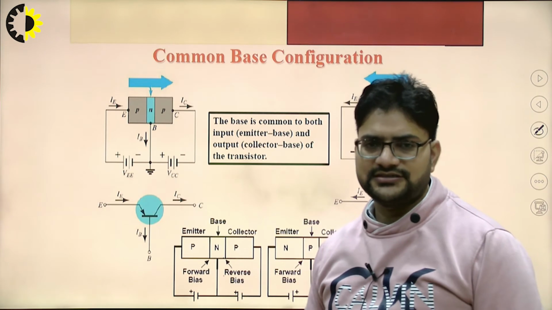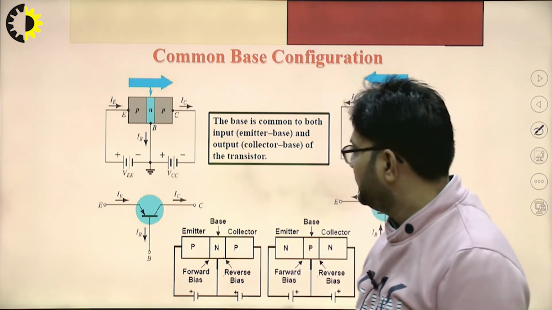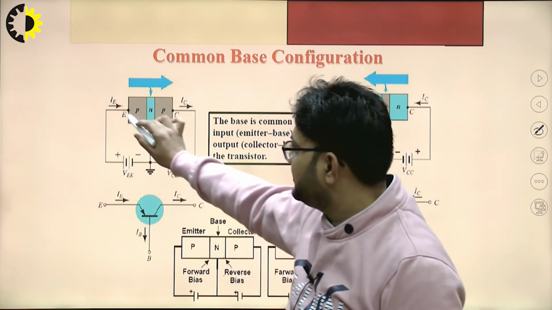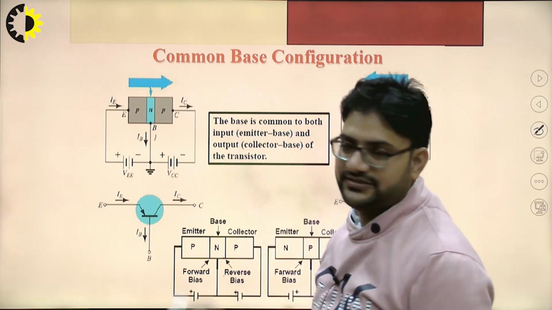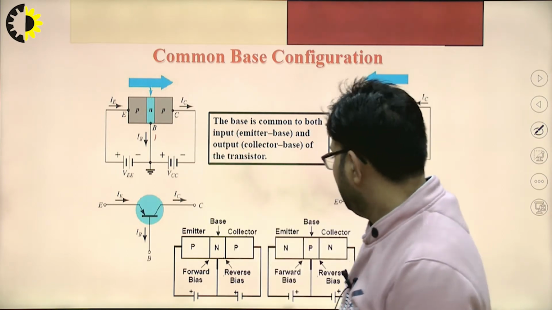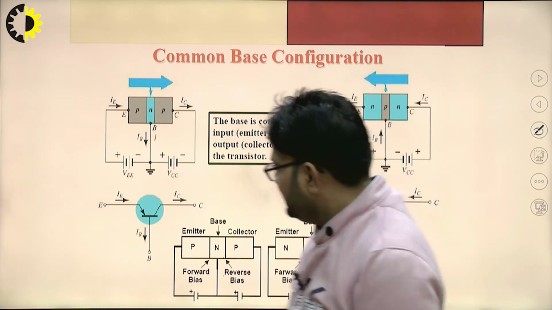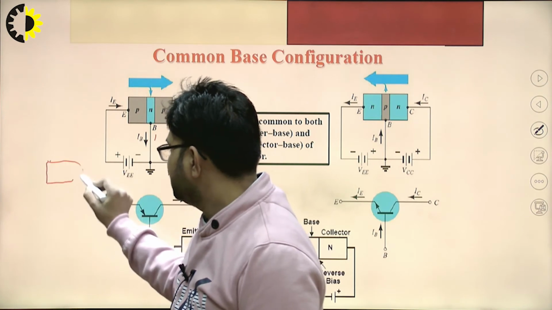One more concept that I want to discuss is the H parameter model, that I will discuss in the next video lecture. So this common side is the base side. Input is given at the emitter and output is taken from the collector. In a simple way, I can represent this as your BJT.